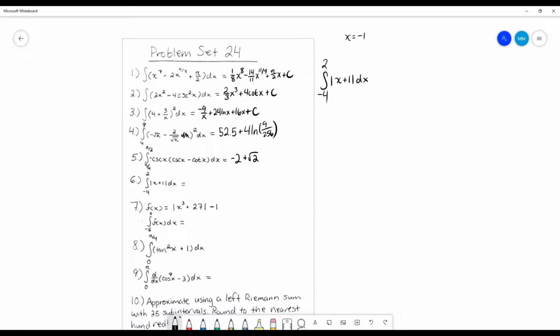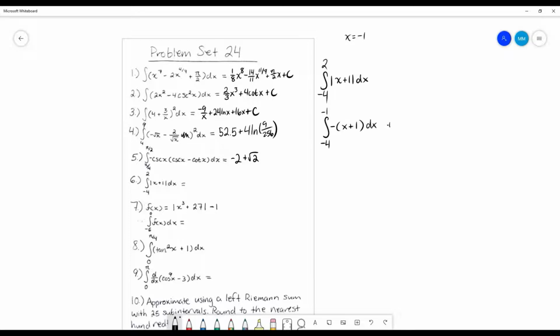Now, if I go further in the negatives, is my inside of my absolute value going to be negative or positive? If x is negative 2, that makes this whole thing negative 1, which is then 1, which means that from negative 4 to negative 1, it's going to be negative whatever's inside these parentheses.